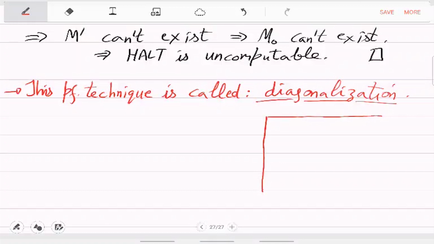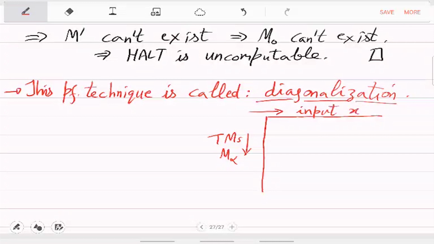List your Turing machines M alpha here. The rows are indexed by Turing machines, and the columns are indexed by input x. Both rows and columns are indexed by strings.